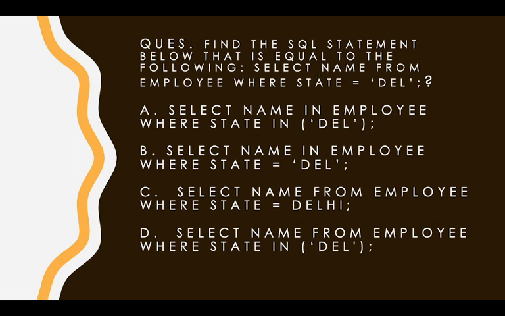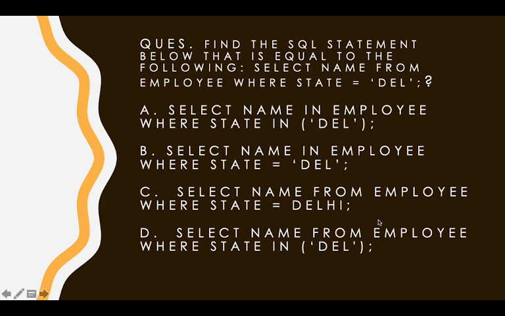The negation for the in operator is basically not in, which is used to see if the expression is not present in the list. So in this question, they are particularly judging whether you know how to use your in operator.